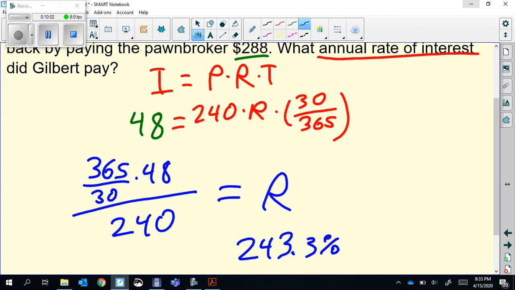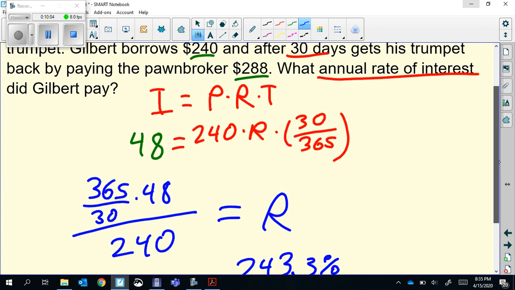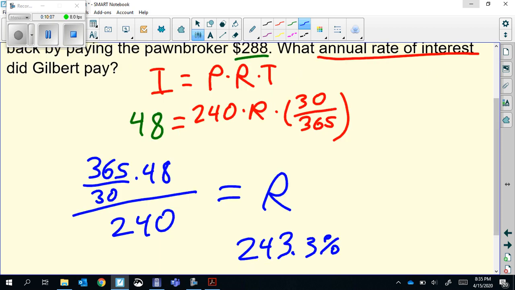So that's a lot of interest, and that's because in only 30 days, it's going up by $50, which is a lot. So a lot of times those really short-term loans like that actually are over 100% interest when you look at the annual rate of interest.